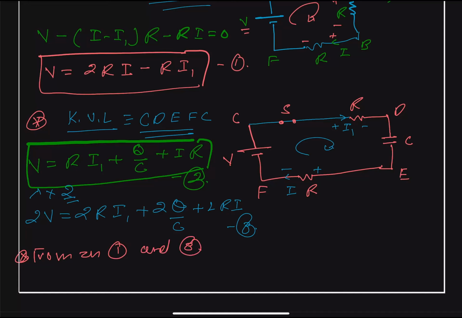we get 2V minus V will be equal to V is equal to 3R I1 plus 2q upon C, and this RI and this RI are going to cancel.